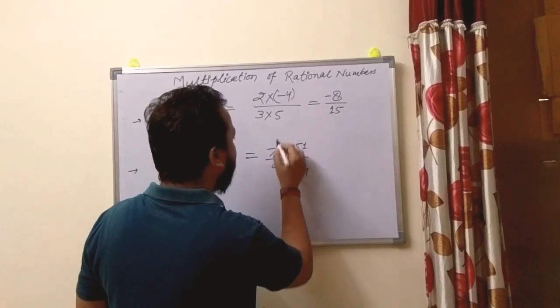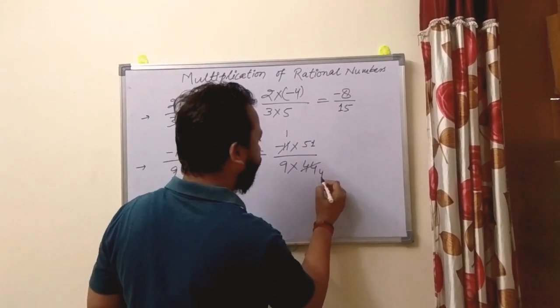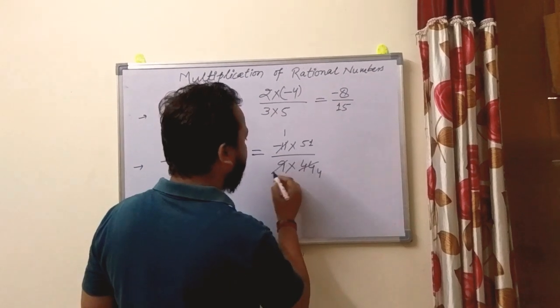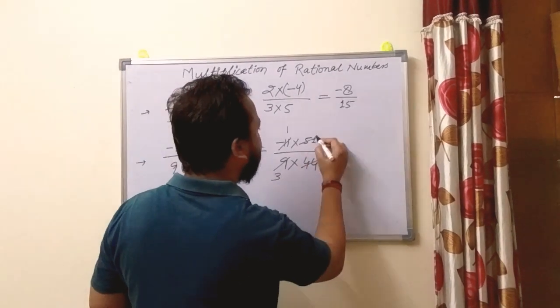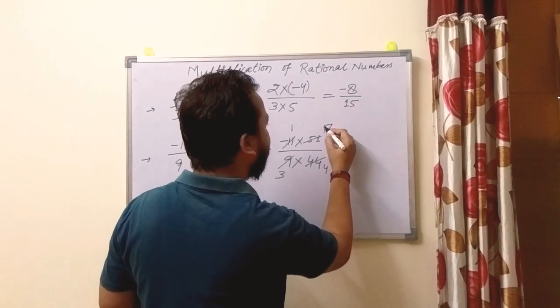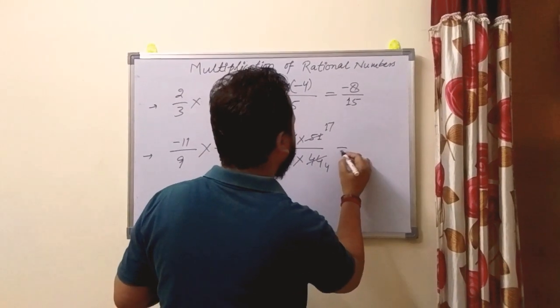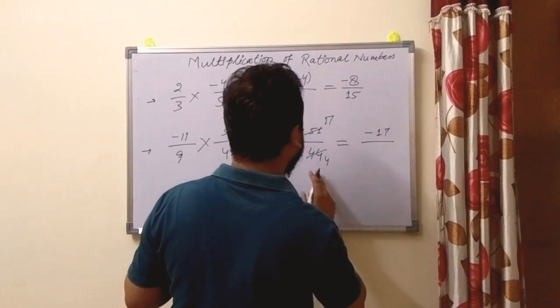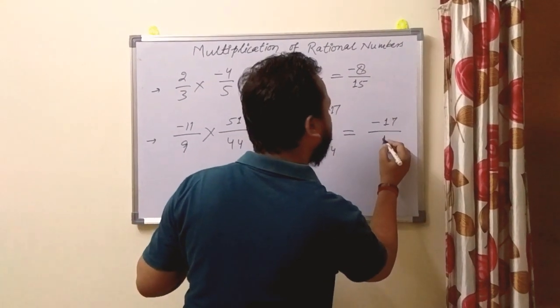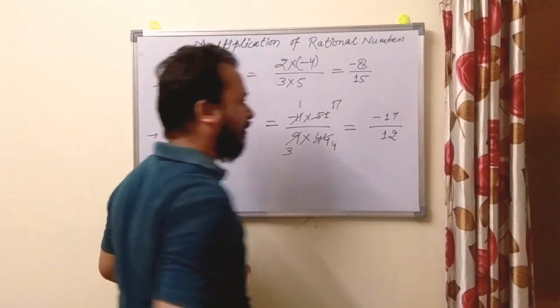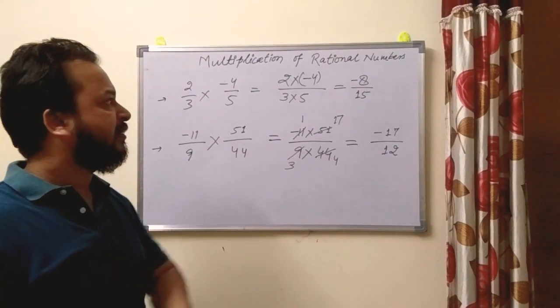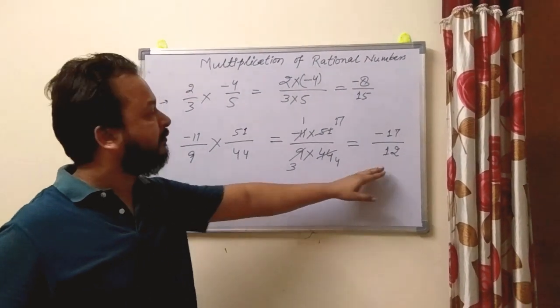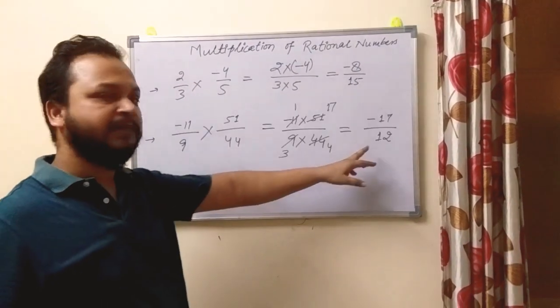So here 11 1s are 11, 11 4s are 44, 3 3s are 9 and 17 3s are 51. So minus 17 divided by 4 3s are 12. So this is the product of two rational numbers.